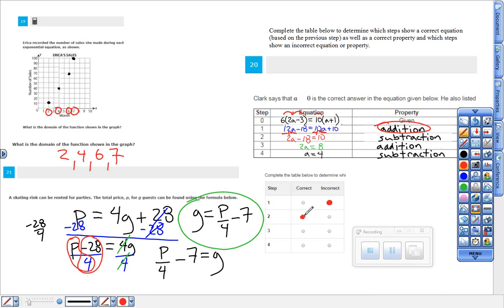But for my next step, from that red to the green, I'm adding 18 right there. It's saying addition, but really if I added 18, that wouldn't have given me 8. That would have given me 28. Because I don't see 28 right there, that's incorrect. And then from the green to the black, 2a equals 8 to a equals 4. I'm not subtracting. That would give me a equals 6. That's division. It doesn't say division here. So that one's incorrect too. Kind of weird on that. That's what I was looking for.